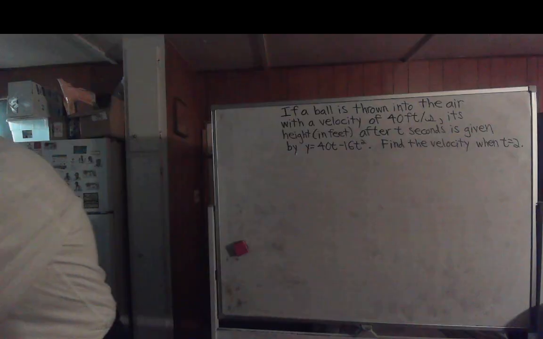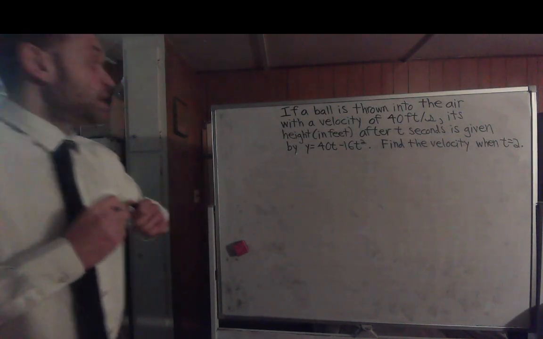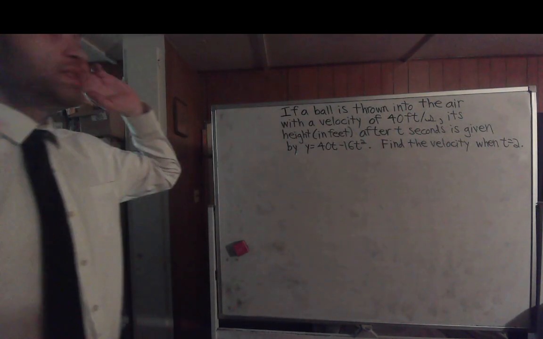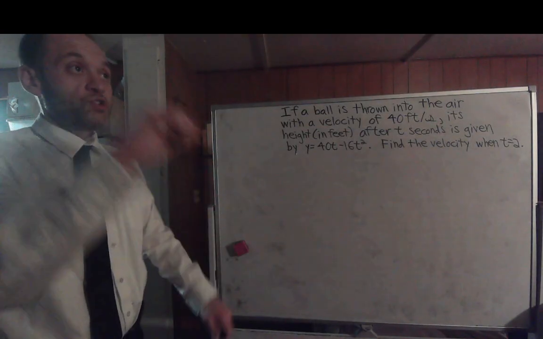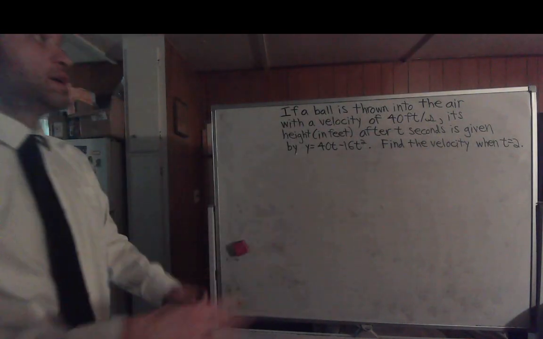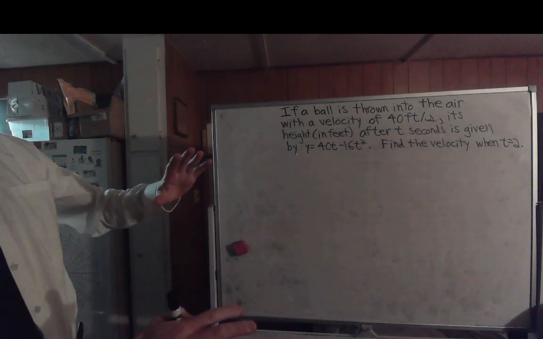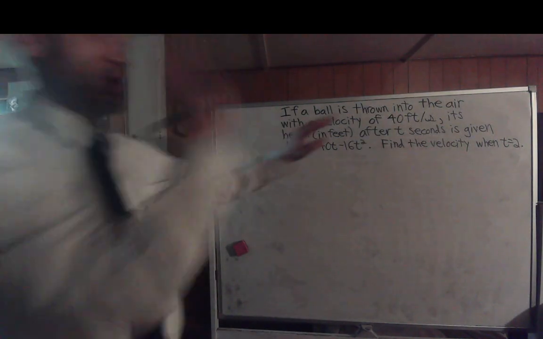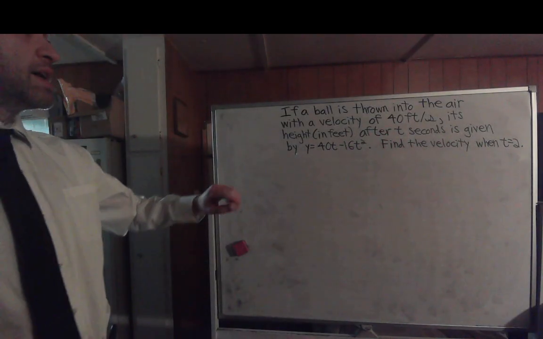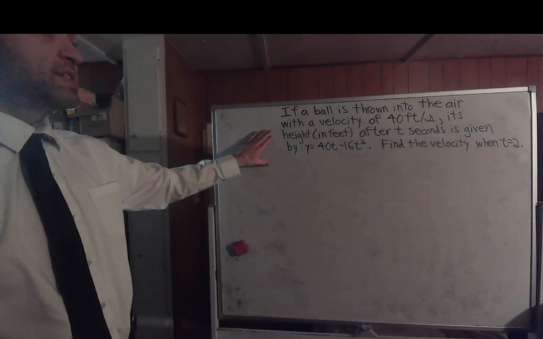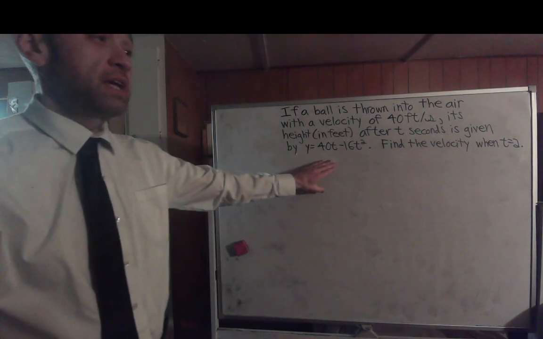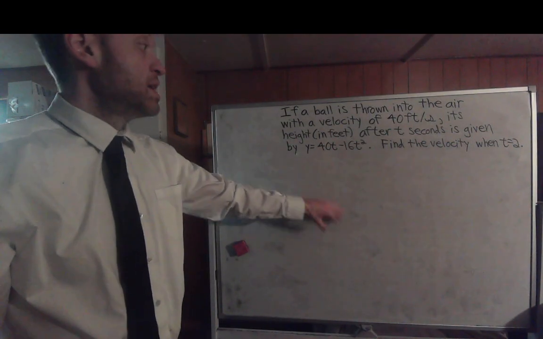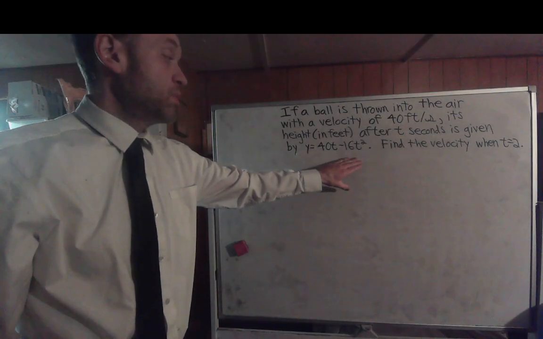All right. So let's break this down here. If a ball is thrown into the air, picture you're on the ground, throwing a ball into the air, and the velocity that you threw it with is 40 feet per second. Its height in feet after t seconds is given by y equals 40t minus 16t squared.